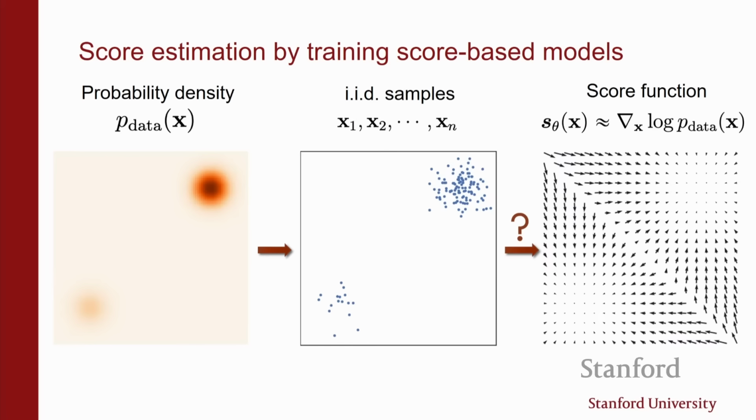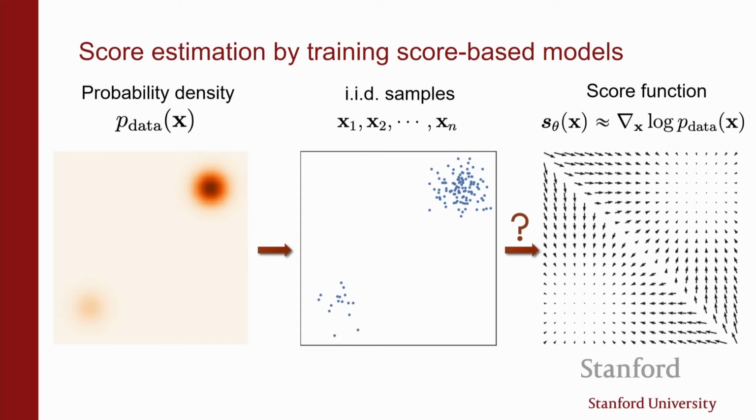So that's the very high level story here. As usual, we want to fit a model to a data density. There is a true underlying data density that is unknown. We assume we have access to a bunch of samples from the data density. And then what we're going to try to do is find some function in our model family.